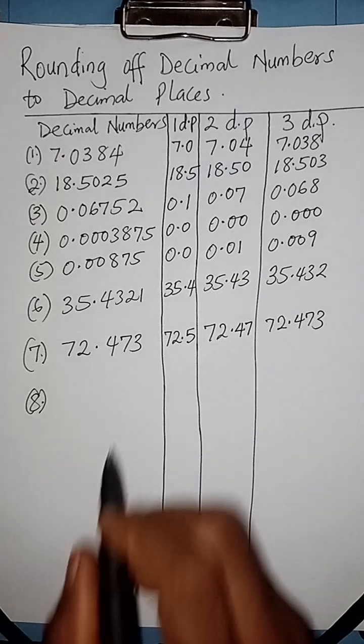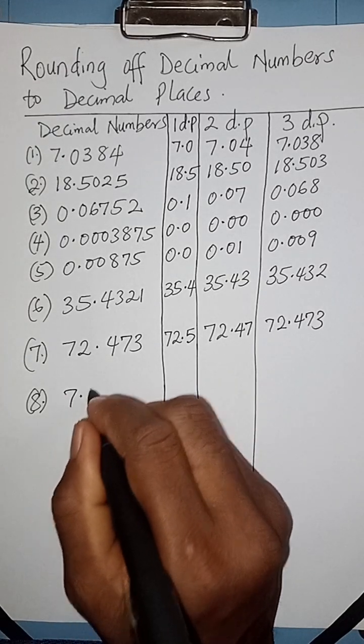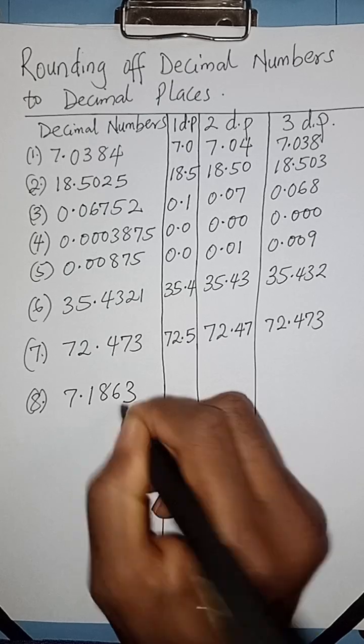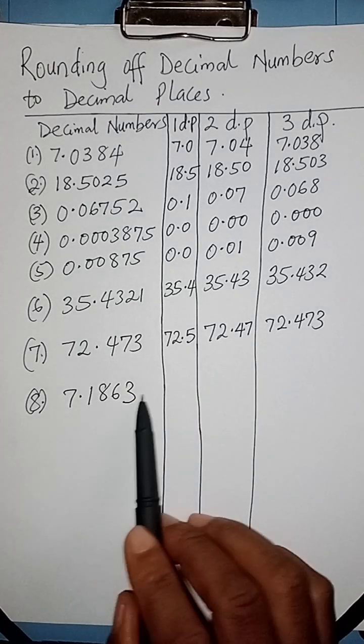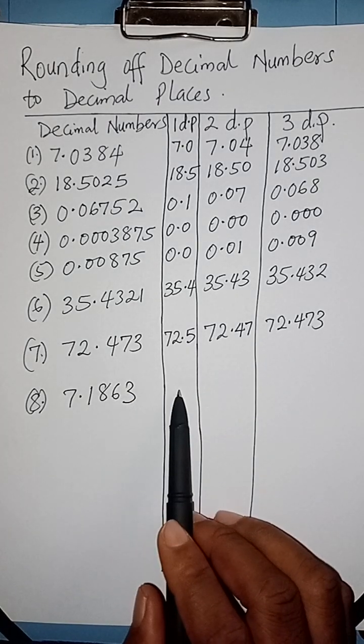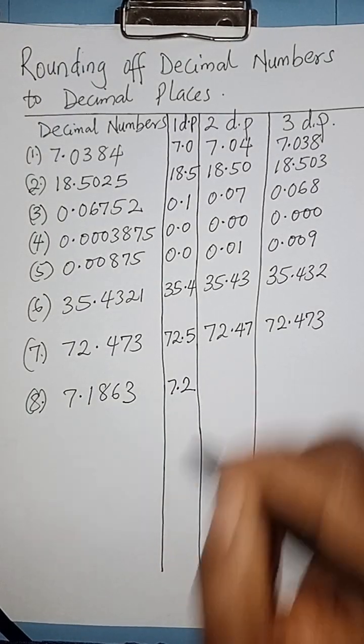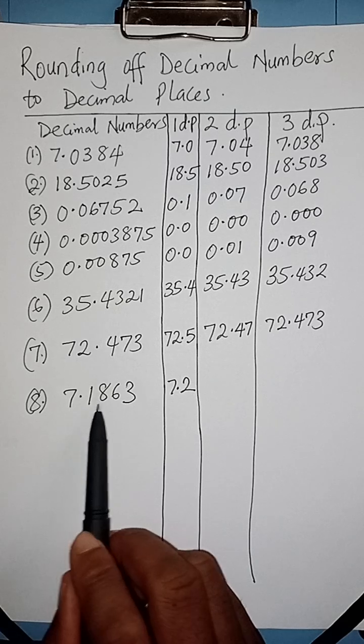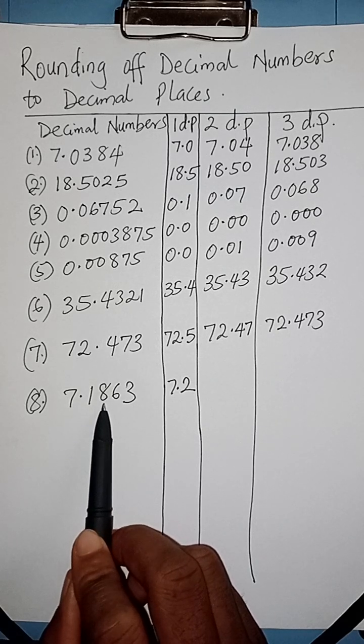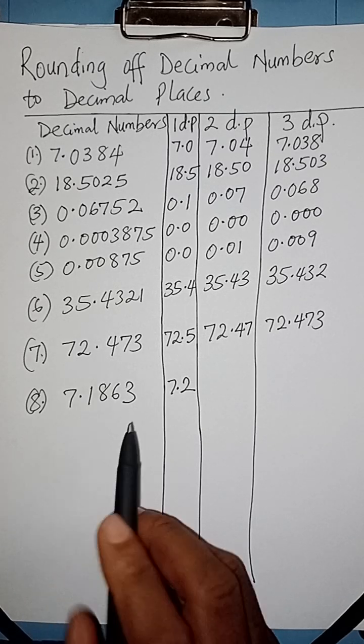The number 8, I have 7.1863. Now this is 4 decimal places, but let's write it first of all to one decimal place. It will be 7.2. Because after 1, the digit is 8, and you round up by adding 1 to 1, and that's 7.2.